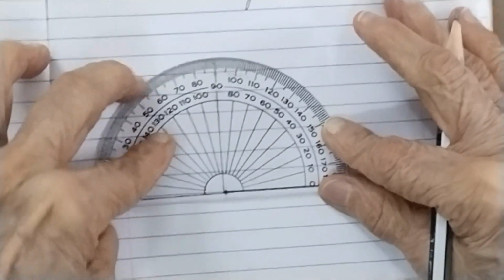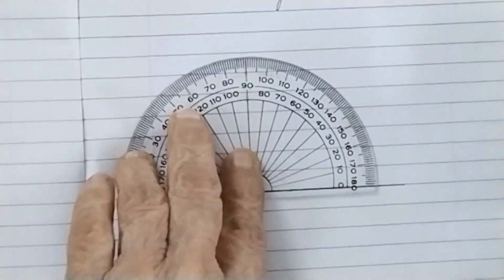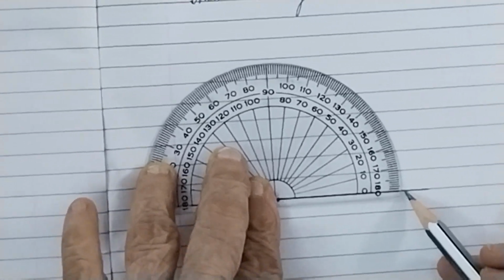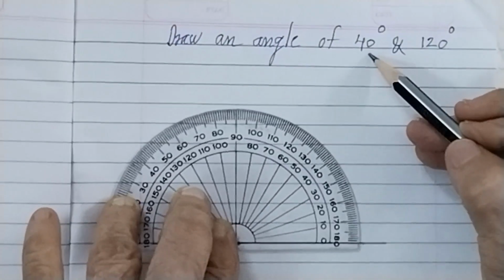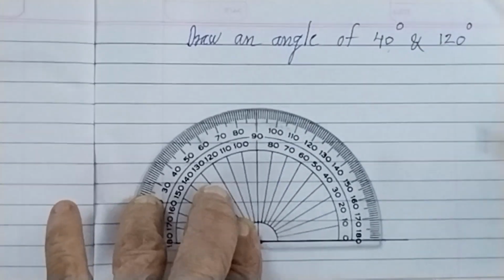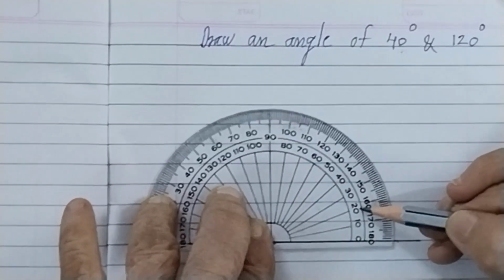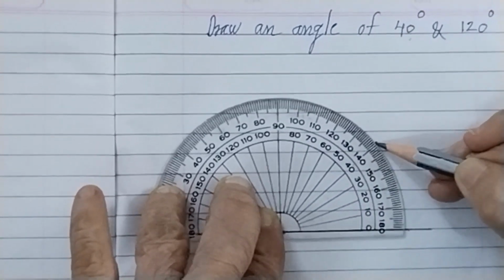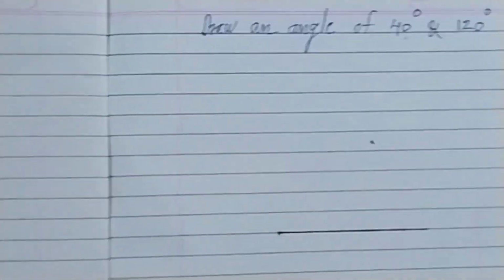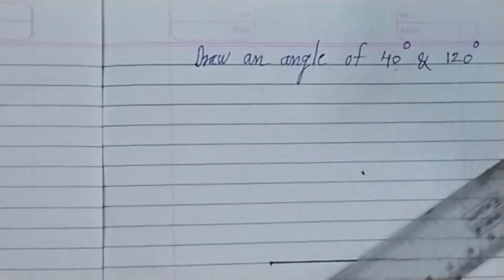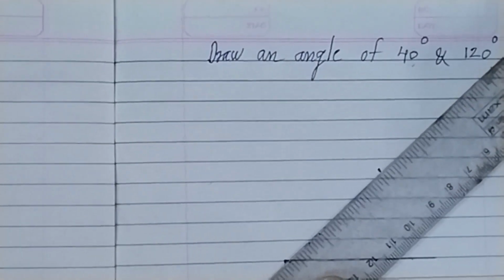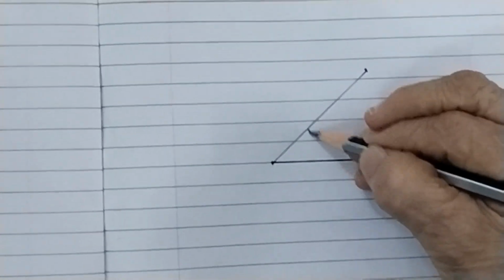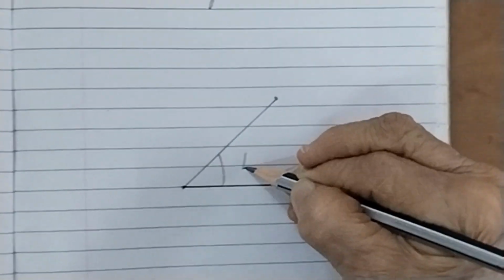On the vertex, the center of the protractor will come, and on this line which we have drawn, the line of reference should fall. Now they have asked us to show an angle of 40 degrees. So 10, 20, 30, 40. Here make a dot, and then remove the protractor, and then you have to join the vertex of the angle with this dot, and this is our 40 degree angle.